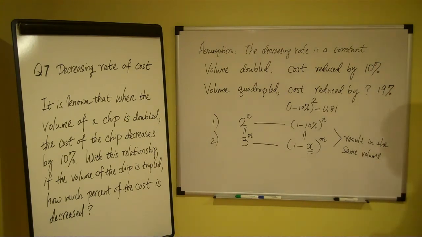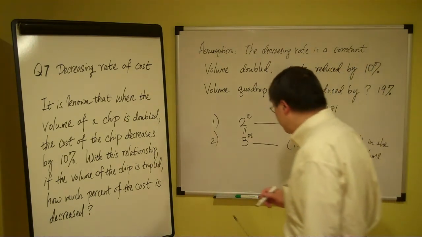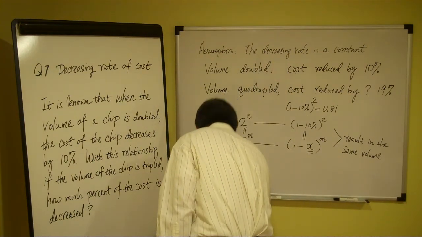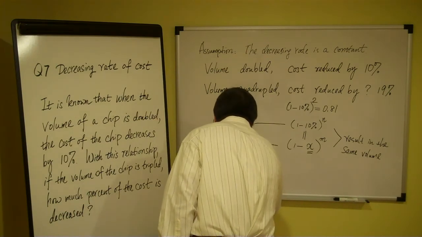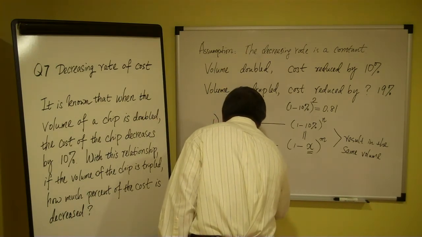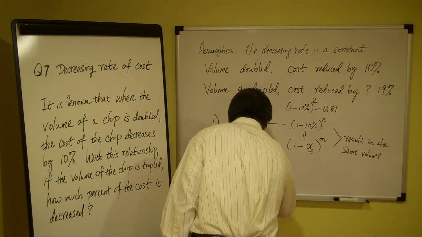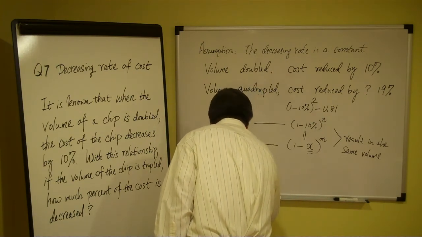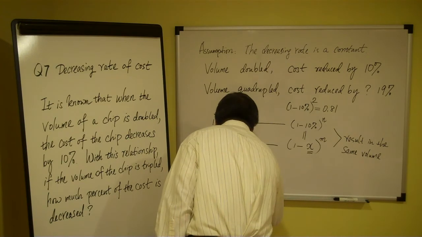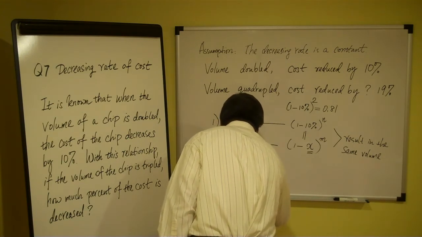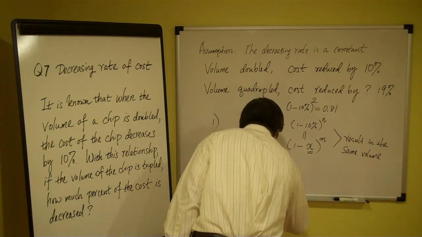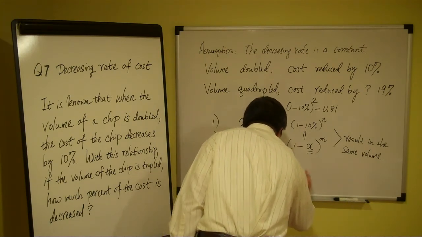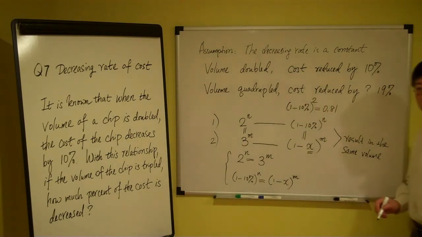So now we establish the equations: 2 to the n equals 3 to the mth power, and (1 minus 10%) to the nth power equals (1 minus x) to the mth power.